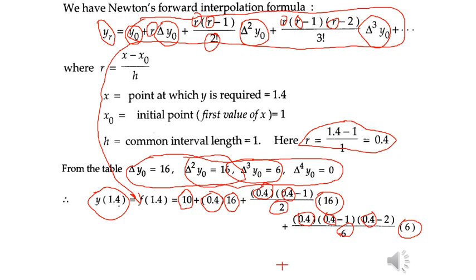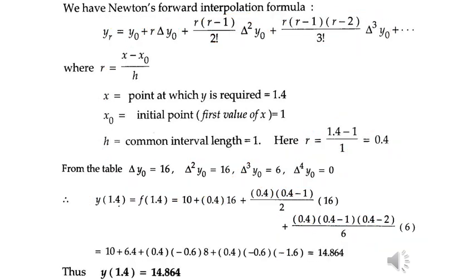Because delta to the power 4 y naught is anyhow 0, so the next term will be 0. So we have neglected this last term. If you use your scientific calculator and simplify this, you get the answer as 14.864. So this is how we find the value of y at 1.4 using Newton's forward interpolation formula.